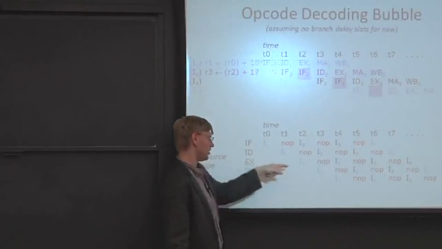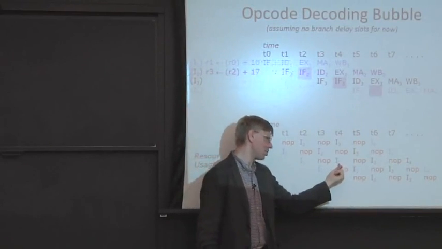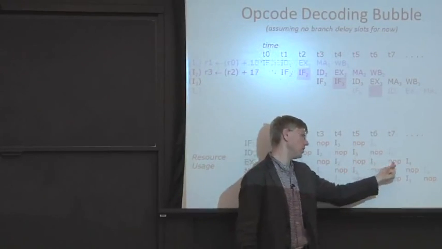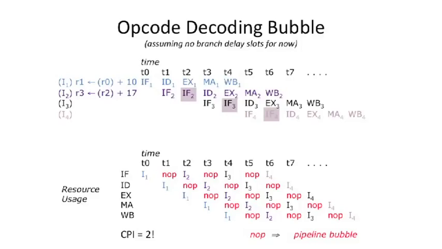Let's take the execute stage. We're executing instruction I1, then we're no-opping instruction I2, no-op, I3, no-op, and you compute this all out, you end up with a CPI of 2. So your machine is running at strictly half the performance that you want it to run at. Well, that's not very good.